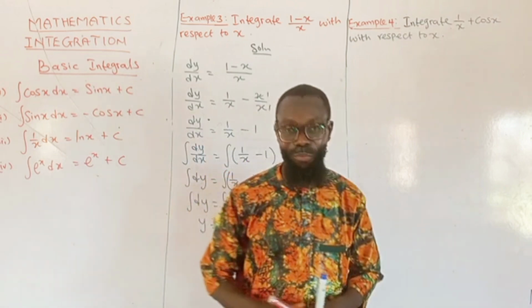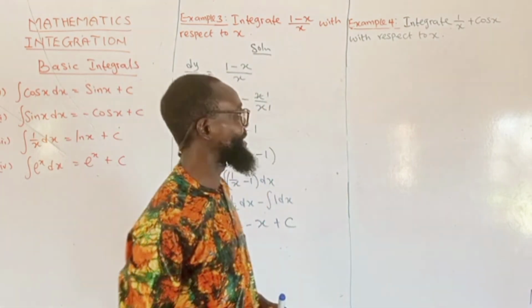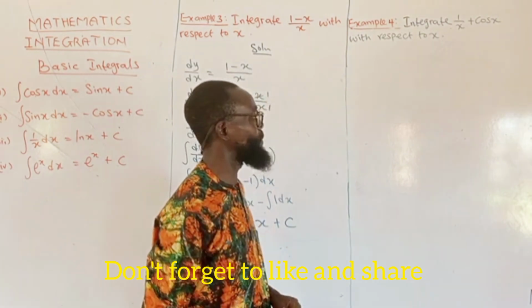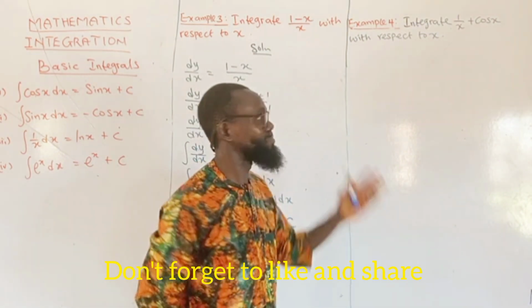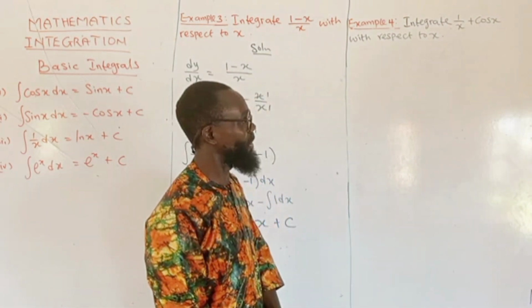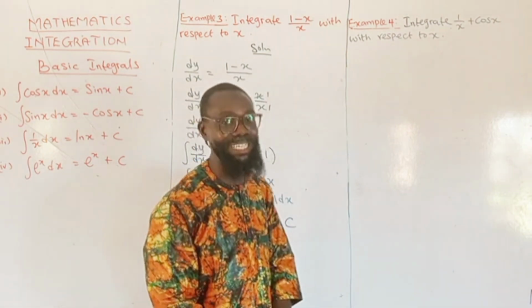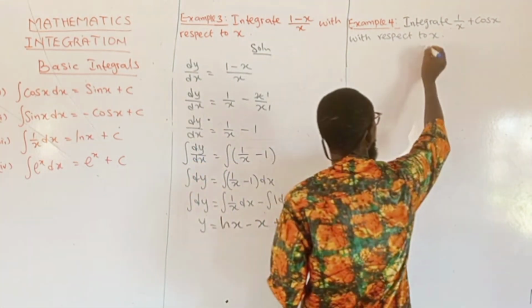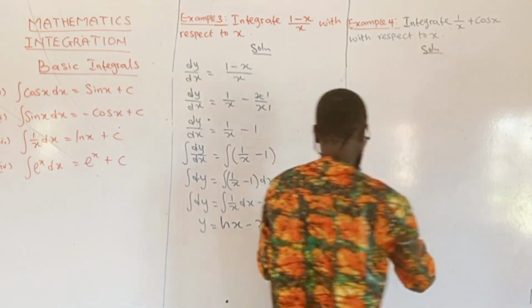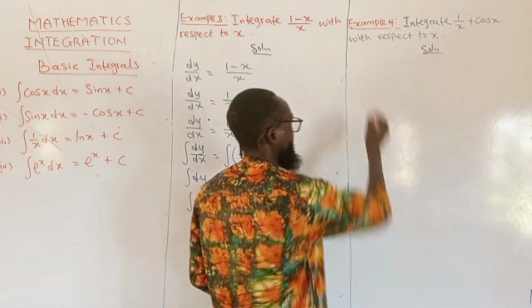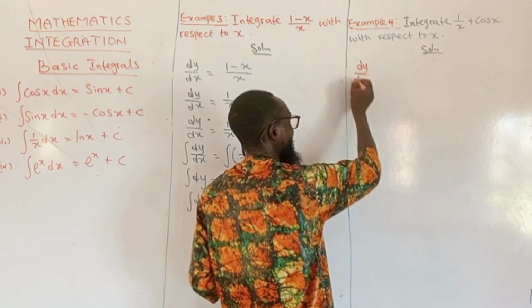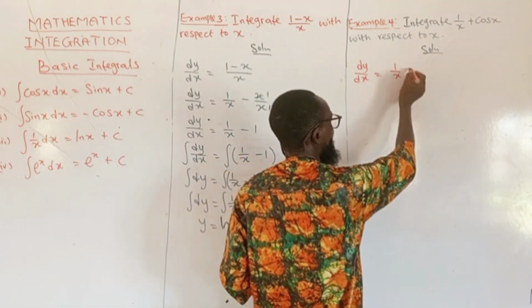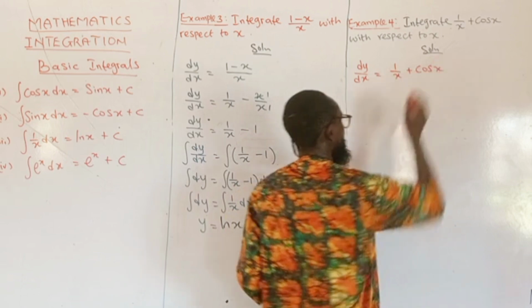Next question, example 4. Integrate 1 over x plus cos x with respect to x. If you want to integrate this, definitely it has been differentiated earlier on. So this means dy dx is equal to 1 over x plus cos x.